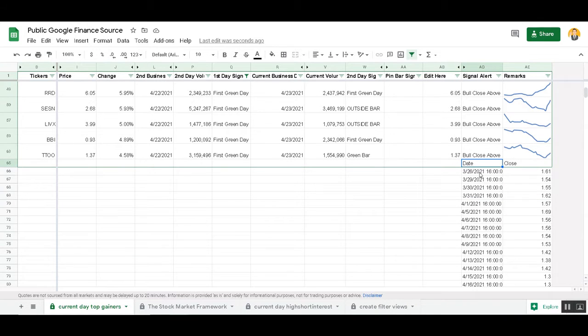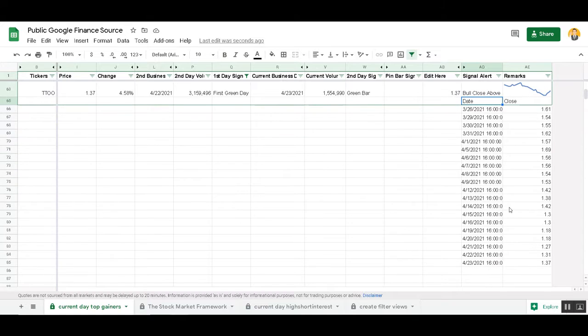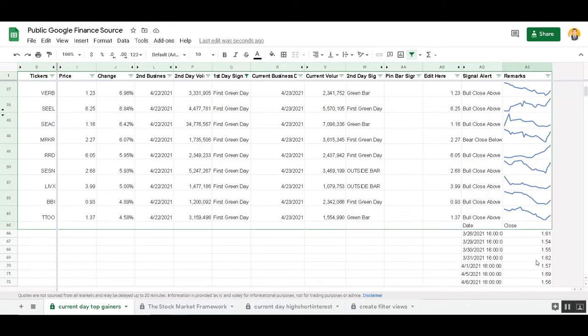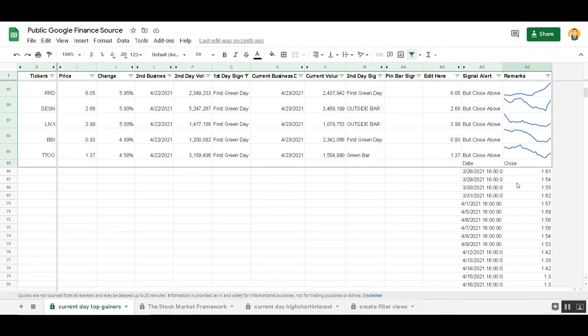So from March 26, because I put the start date as 30 days, it's 1 month. It shows the close. So in this 30 days, these are the data that I can use. In order to illustrate what I mean, I use it on Google Finance. As you can see, this is a 30-day trend.